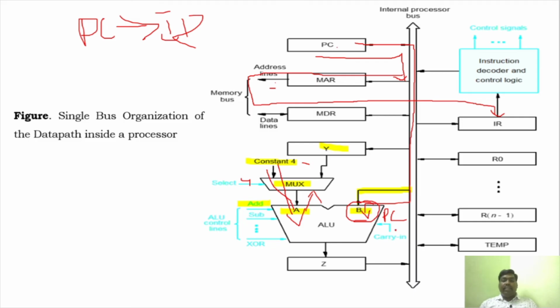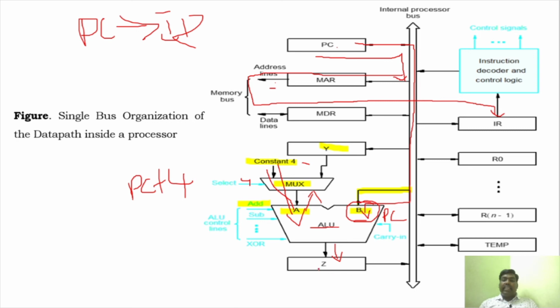This PC and this 4 will be added, so we get PC plus 4, the updated value of the PC. The ALU adds PC plus 4 and that result is sent to Z, which is nothing but a temporary register.